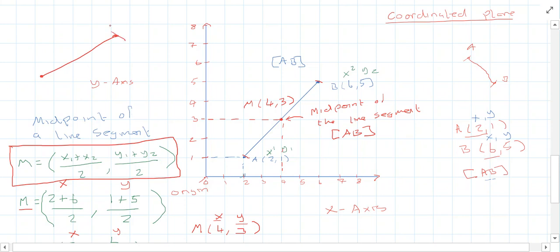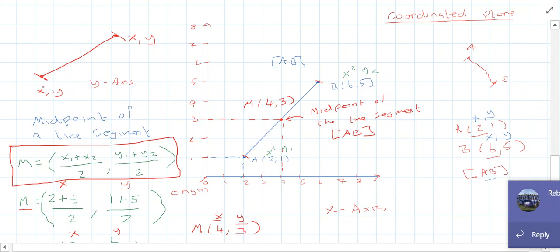Let's say this point here will have an x and y coordinate, and this point here will have an x and y coordinate. So we can call this x1, we can call this x2, we can call this one y1, and this one y2. Okay, so then the midpoint is going to be somewhere between these 2 points, and it also will have an x and a y coordinate.